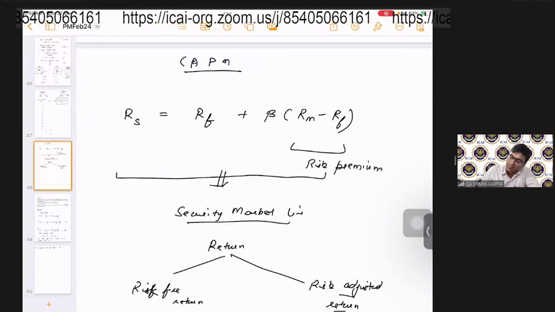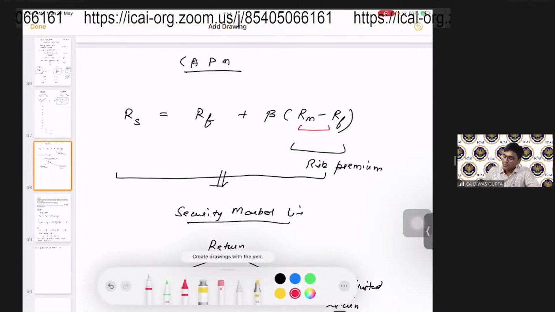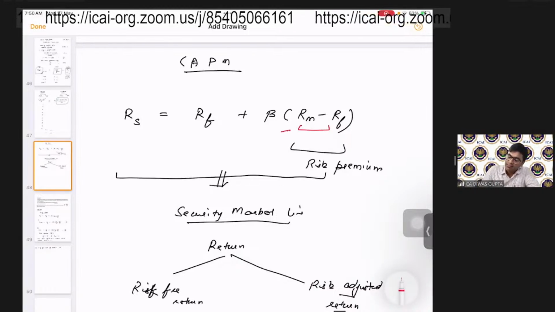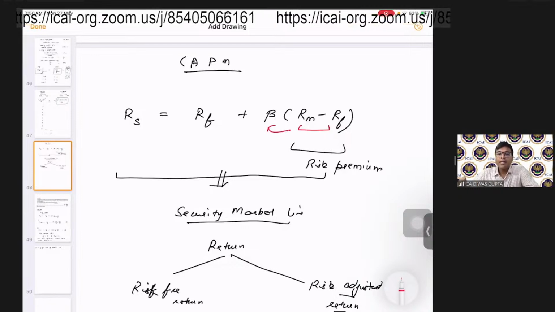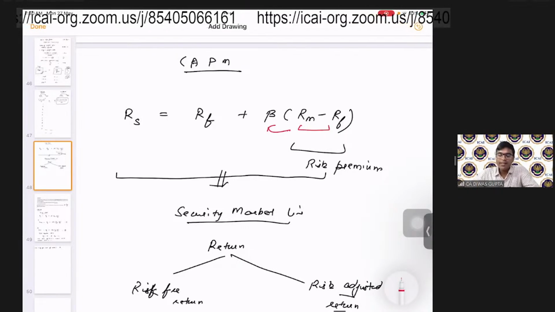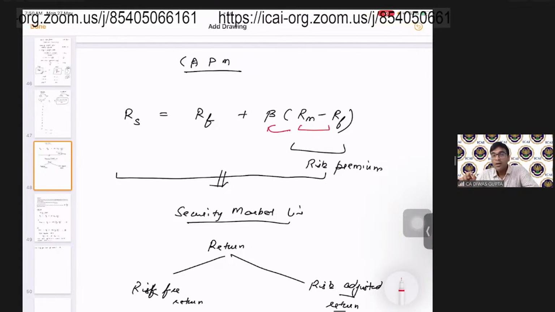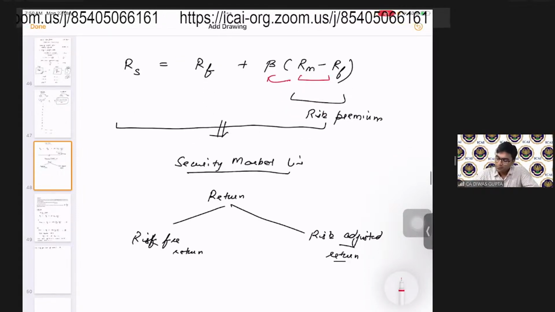This is the risk premium over and above the risk-free rate. And we multiply it with beta because whatever beta is will be adjusted into the risk premium to arrive at the security-related risk premium.